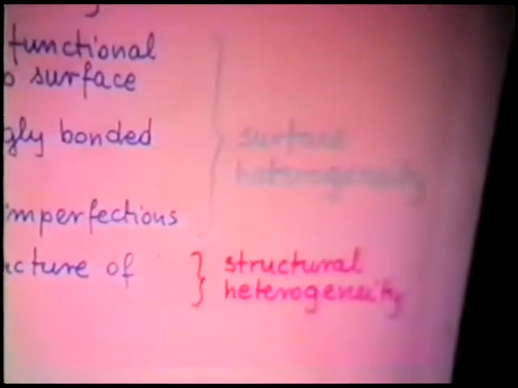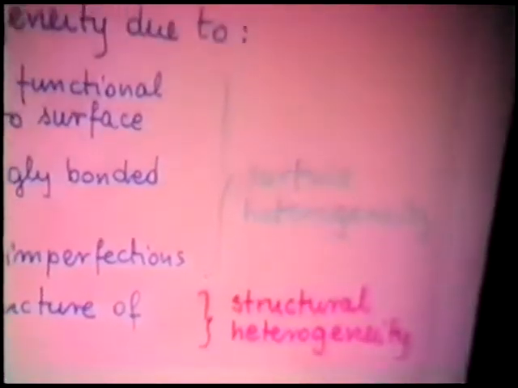Shortly about adsorbent heterogeneity, and in this description we use in most cases the energy distribution function, the function of adsorption energy E. E is adsorption energy of solute with respect to solvent.